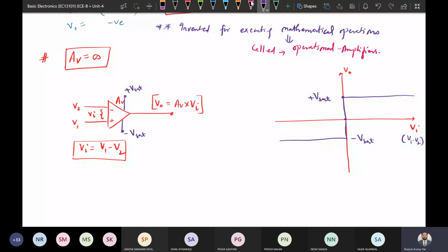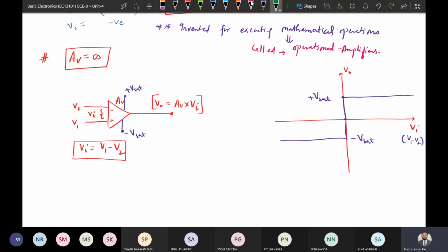So if the input voltage is greater than 0, in the ideal case, the output voltage will suddenly reach plus V sat. If the input voltage is negative, then the output voltage will be minus V sat. So this is the case of an operational amplifier working in ideal mode. But in practical mode, it shows a different case.